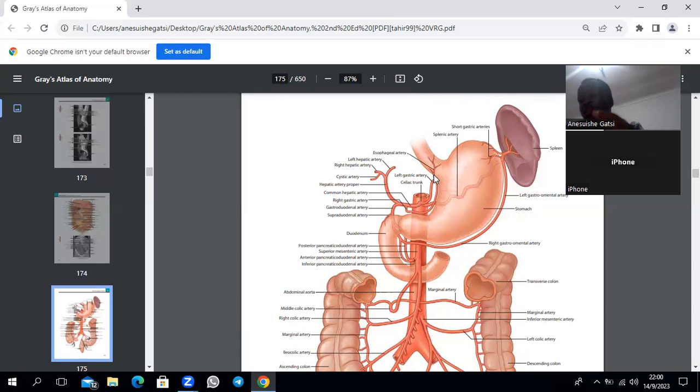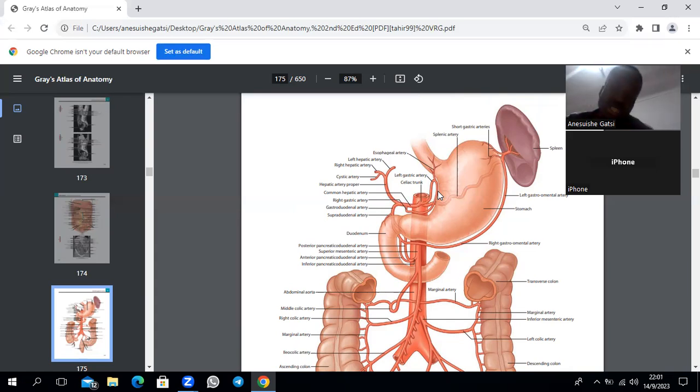The blood supply to the lower third of the esophagus, which happens to include the abdominal part, is from the left gastric artery. So left gastric artery will supply the lower third of the esophagus plus the upper half of the lesser curvature.